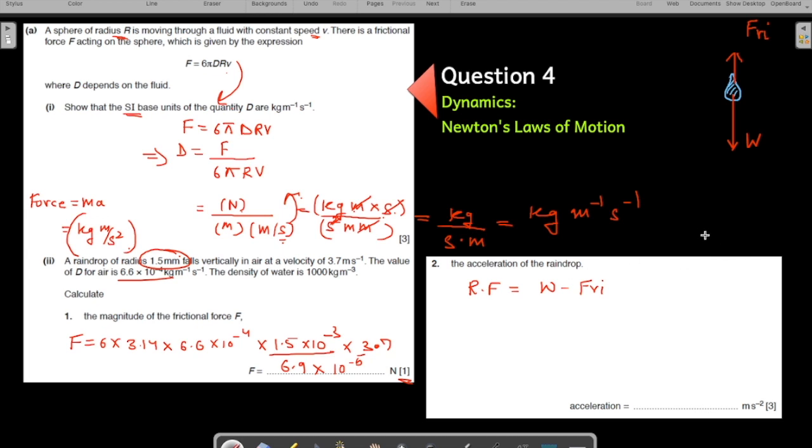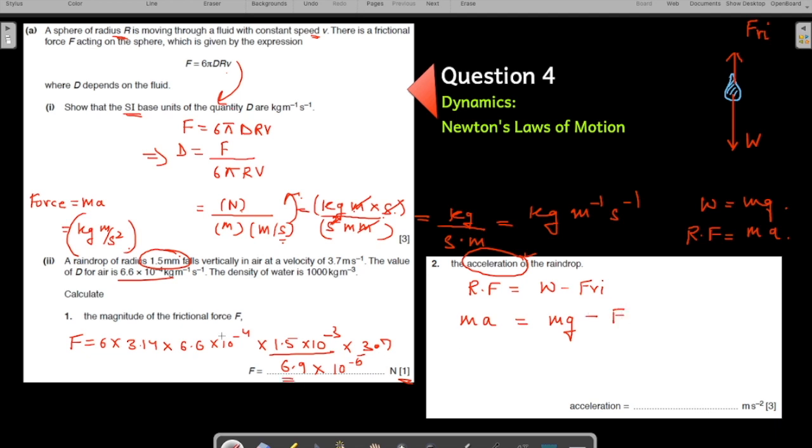And what is the formula for the resultant force in terms of acceleration? Because you have to ultimately find acceleration. Resultant force is always ma. So let us substitute the values. ma is equal to mg. Weight is mg. The formula for the weight is mg minus the frictional force is how much? This thing.